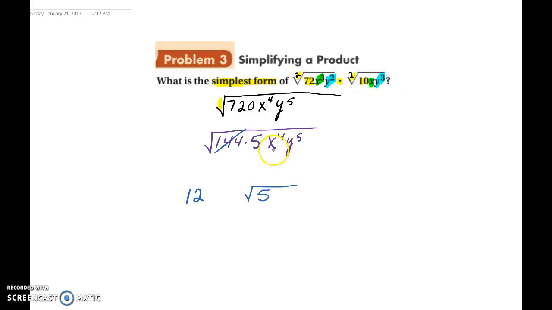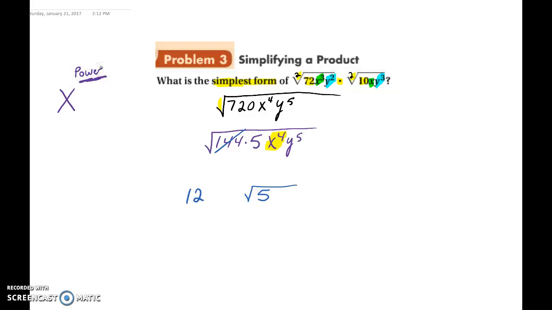Now, for this x to the 4th, the way that we can see how to simplify this is we take the square root of x to the 4th, and we rewrite it as a rational exponent, meaning we're going to have a fraction. What goes in your numerator is the power.